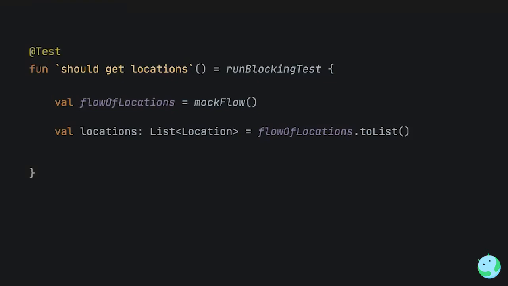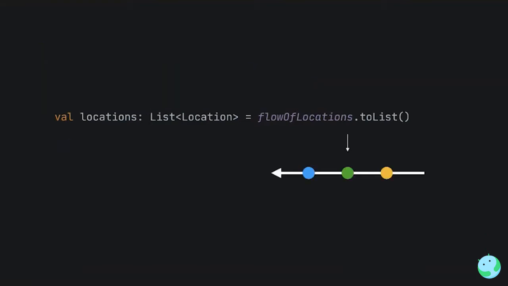The next thing is that we want to read from this flow. How do we go about doing that? One way is to read it into a list. toList is a terminal operator, one of the terminal operators that a flow has. What toList does internally is that it takes a flow and takes each emission and stores it into a list.